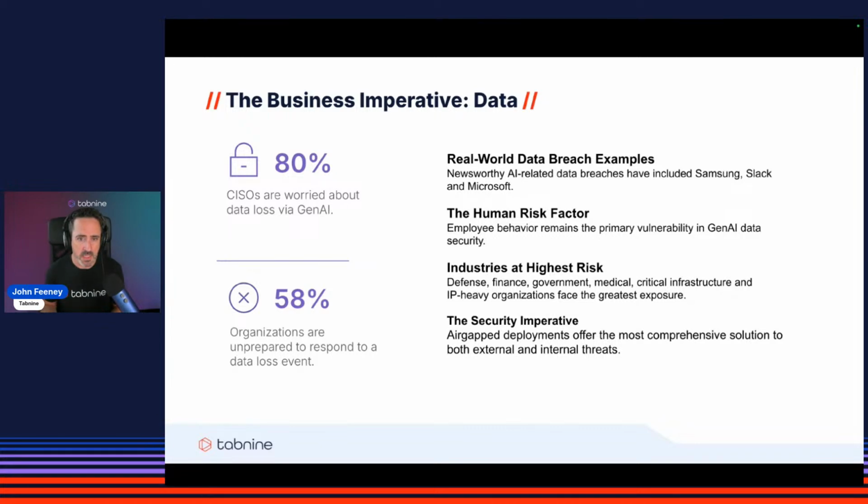You had another one last year with Slack, where researchers found that they could manipulate Slack's AI offering through prompt injection to leak data from private chat channels. And even Microsoft themselves accidentally exposed 38 terabytes of their own internal data when publishing their AI training data set towards the end of 2023. So, data does not just walk itself out the door.